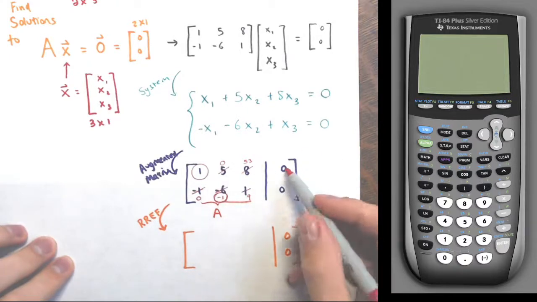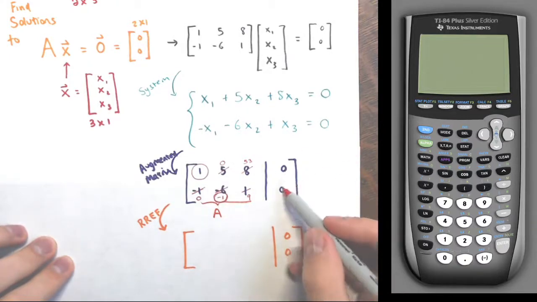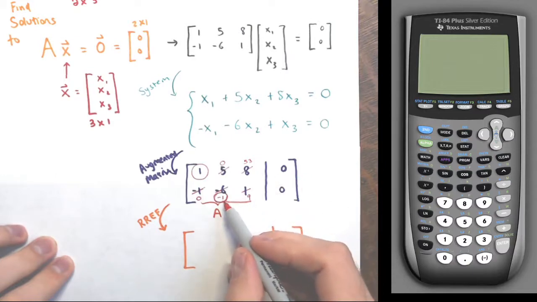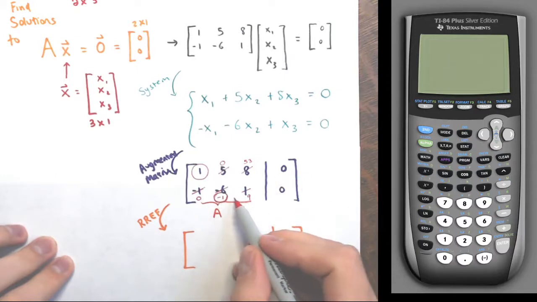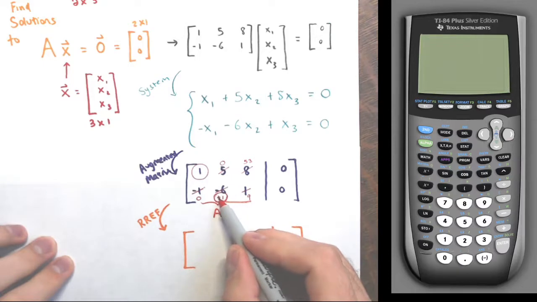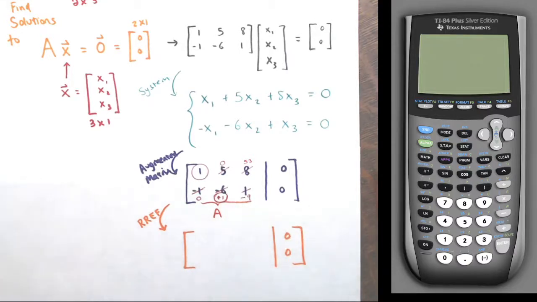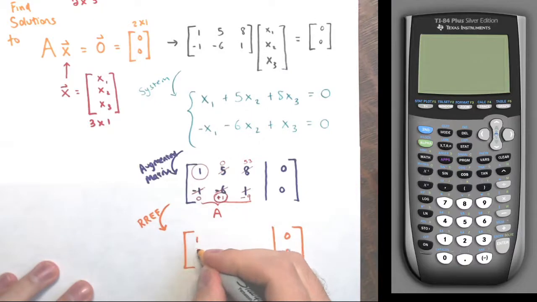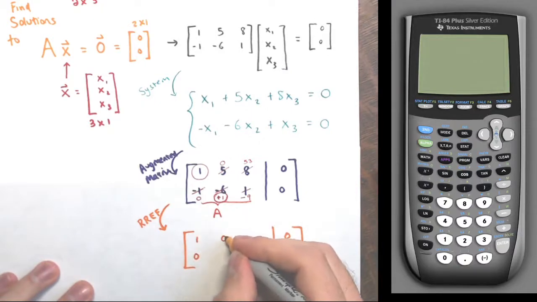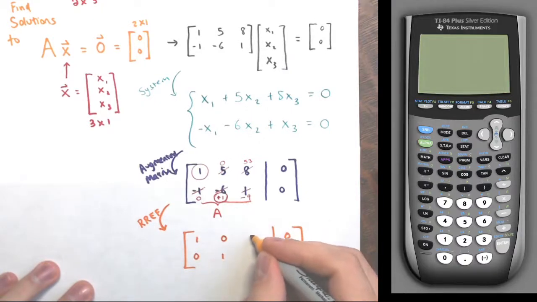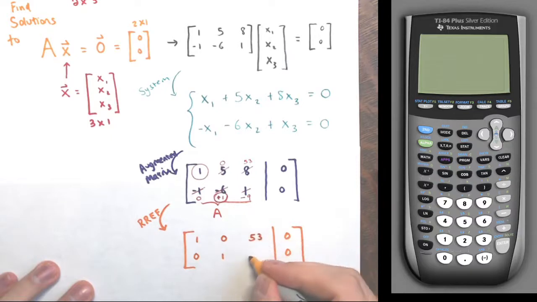Then again, 0 times 5 plus 0, 0. Again, these columns of zeros always stay zeros. And then I would multiply this row by negative 1, making this a positive 1 like I wish, having the first non-zero entry be a 1, where this pivot entry is a 1. And this by negative 1, making that negative 9. So in reduced row echelon form, I got 1, 0, 0, 1, 53, negative 9, and then the zeros.